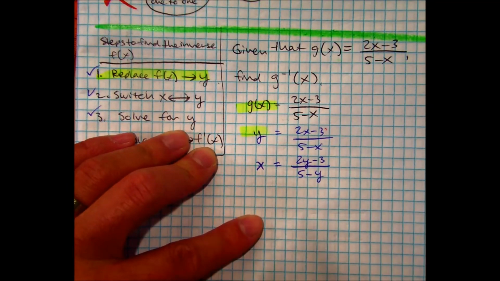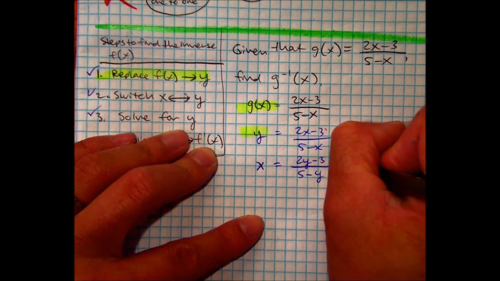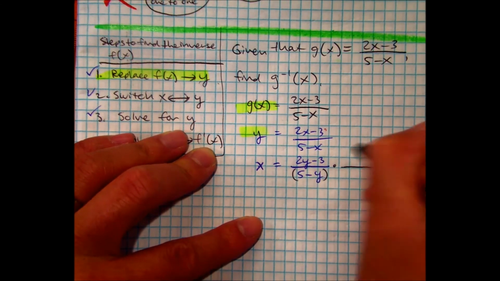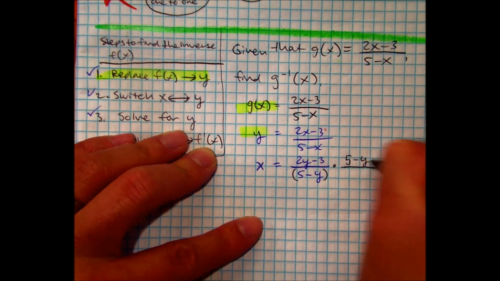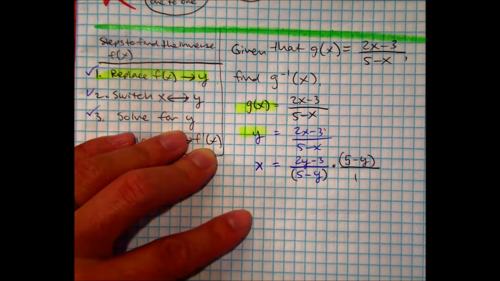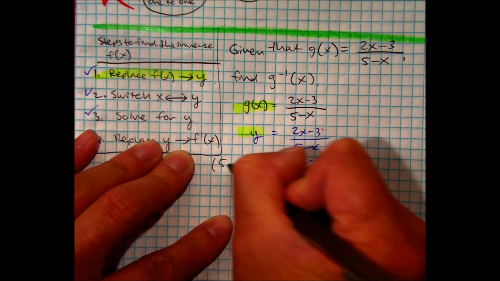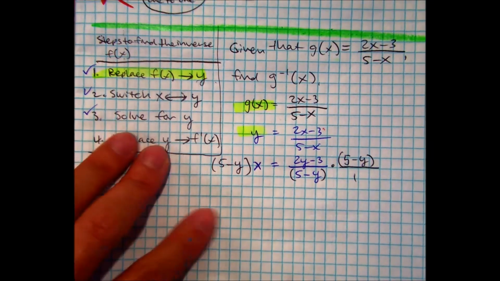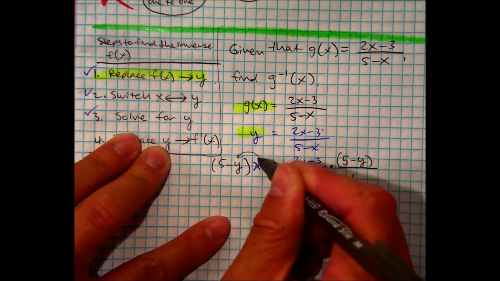So you can do a couple of things. You can cross multiply, or to get rid of this fraction, I'm going to multiply both sides by 5 minus y. Multiply this side by 5 minus y. Let's go ahead and distribute on this side.